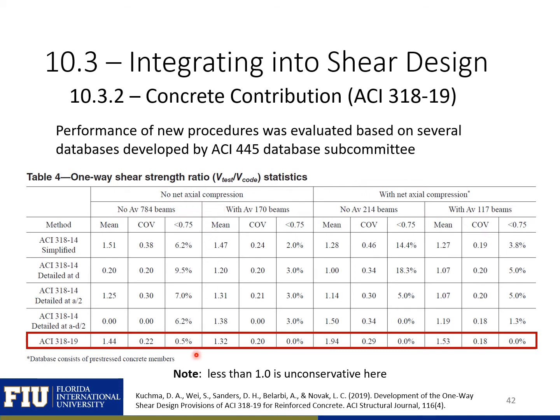Note in this table that values less than 1 are conservative when we're looking at the mean. So you can see here how the new equation performs compared to the old equations. More details on this can be found in the paper that's cited here.